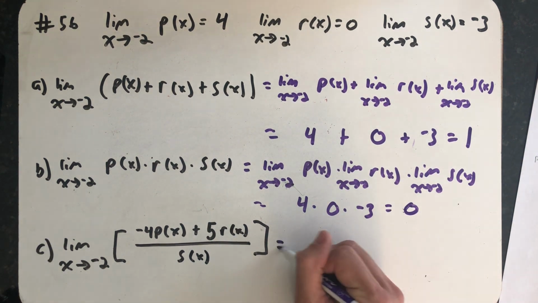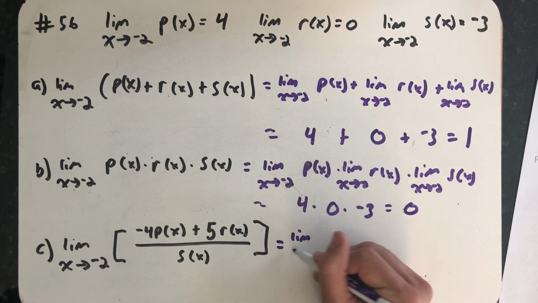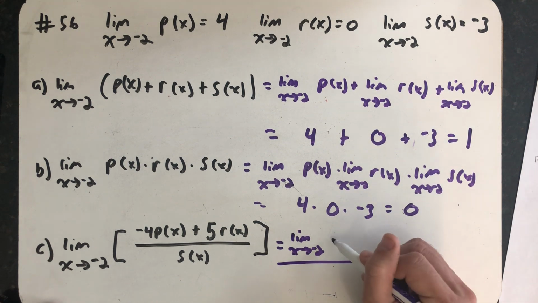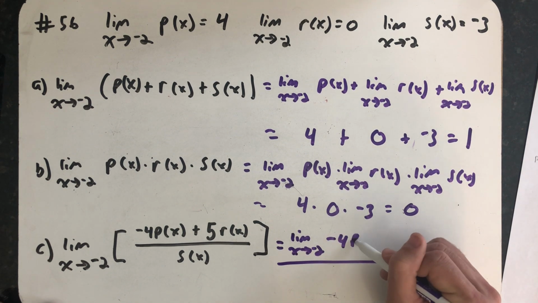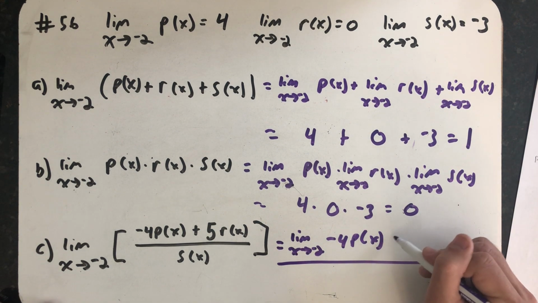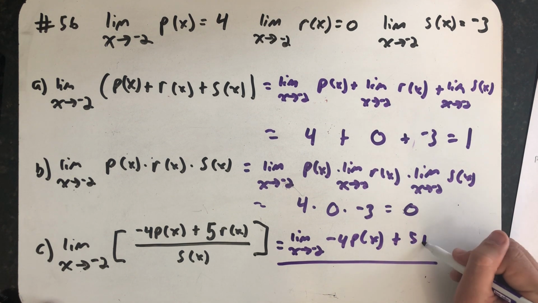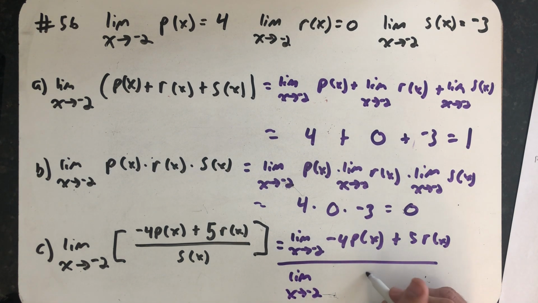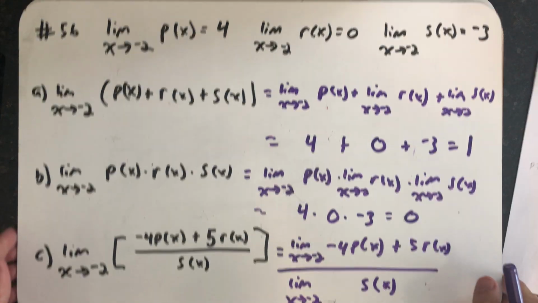Finally, the quotient rule would tell me I could split up the top and the bottom, and have a limit on the top and a limit on the bottom. I'm going to need to move over to another board here.